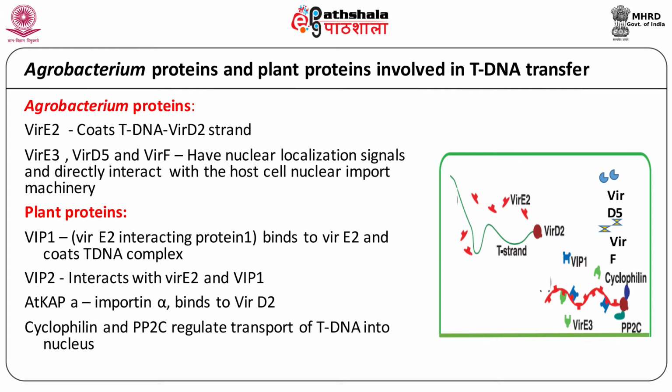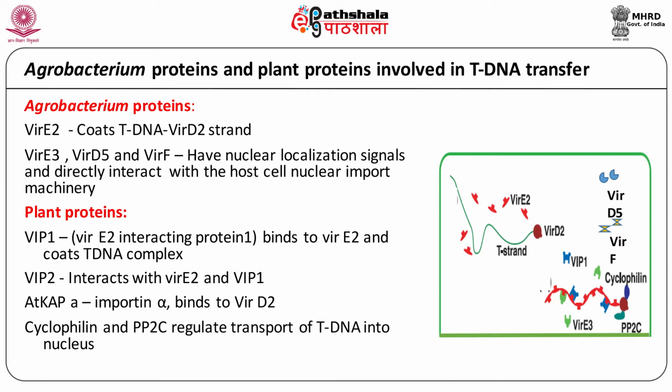A plant protein VirE2 interacting protein, that is VIP1, or the bacterial protein VirE3 bind to VirE2. Plant cyclophilin, which is a regulator of protein trafficking in plants, and a phosphatase PP2C that can dephosphorylate VirD2 and inhibit its import to nucleus, are two regulatory proteins for tDNA import into nucleus.